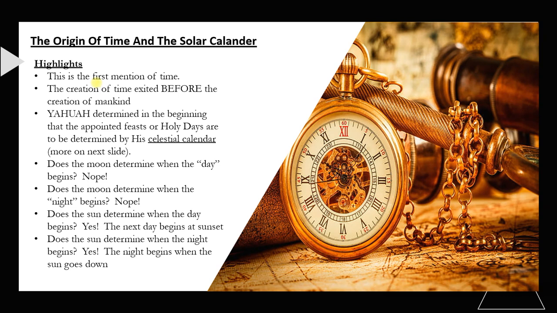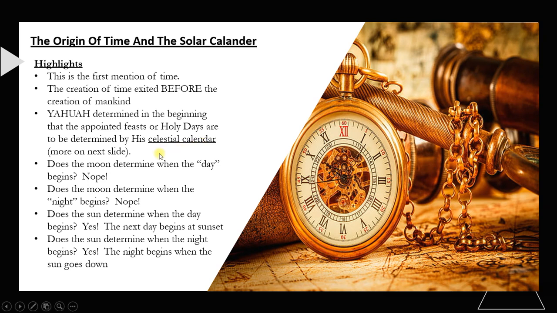That's the first mention of time. The creation of time existed before the creation of mankind. Did you know that? Did you notice that? Yahuwah determined in the beginning that the appointed feasts or the holy days are to be determined by his celestial calendar. The sun, moon, stars.